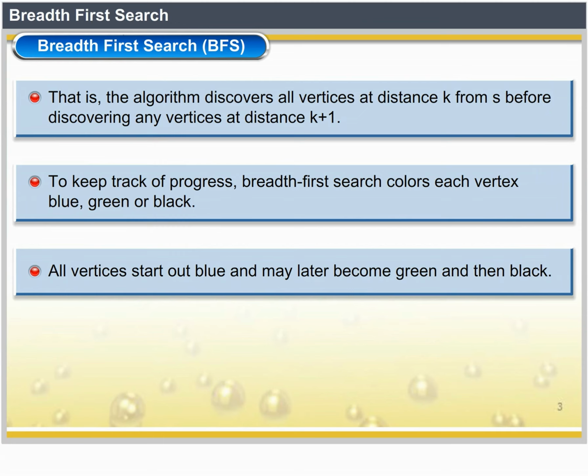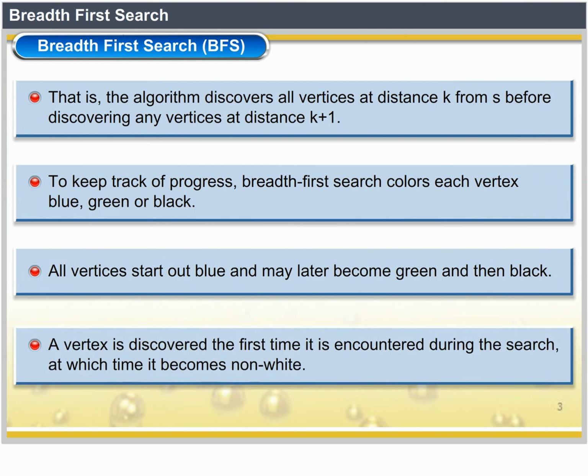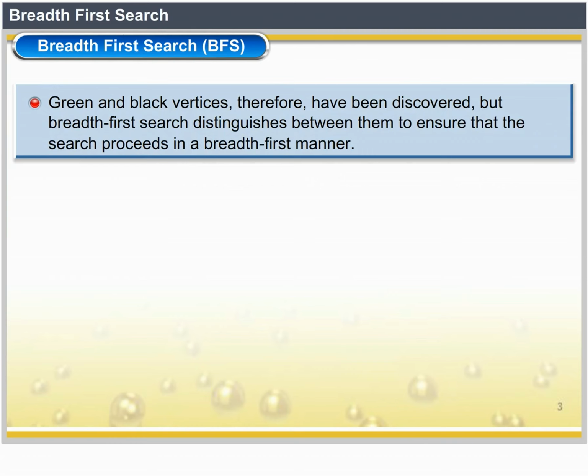A vertex is discovered the first time it is encountered during the search, at which time it becomes non-white. Gray and black vertices, therefore, have been discovered, but breadth first search distinguishes between them to ensure that the search proceeds in a breadth first manner.